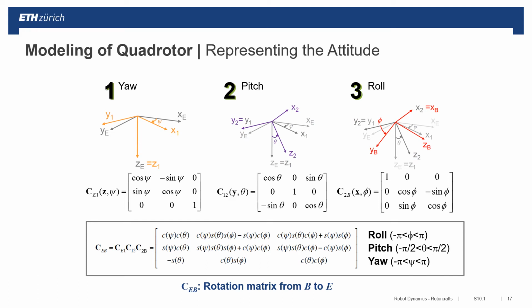This is a rotation around the z-axis of the Earth coordinate system. Then you have a pitch rotation around the y-axis, and then you have the roll around the x-axis. It is well known that in order to find the rotation from the body frame to the Earth frame, or vice versa, you just have to calculate the individual matrices for yaw, pitch, and roll in a sequence.